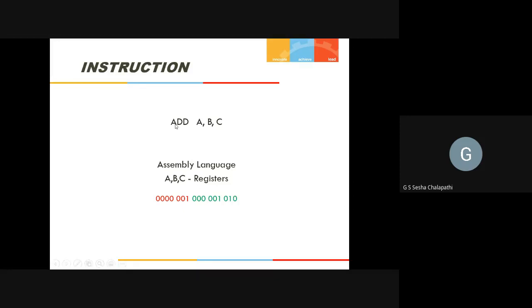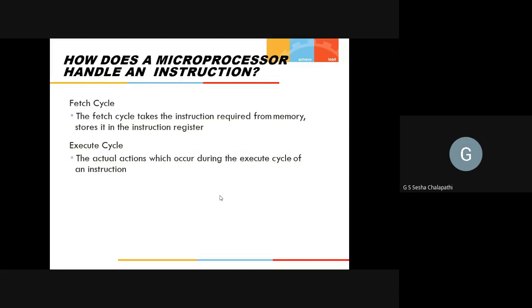So the instruction will be composed of this particular opcode and the other part of the code, which will tell on what entities, or you can say operands, you should perform a particular operation.